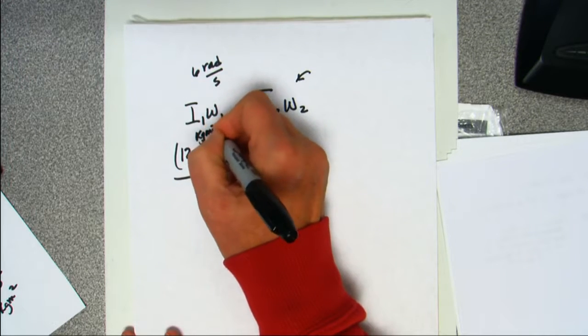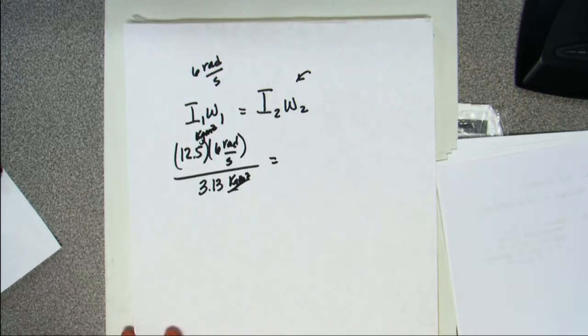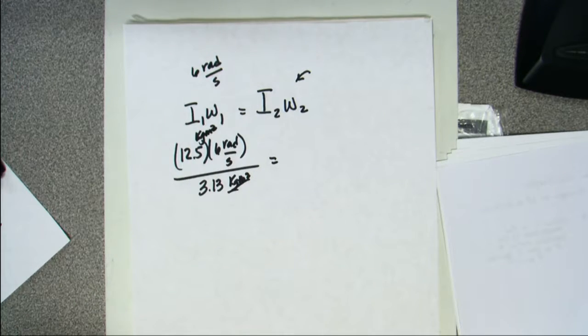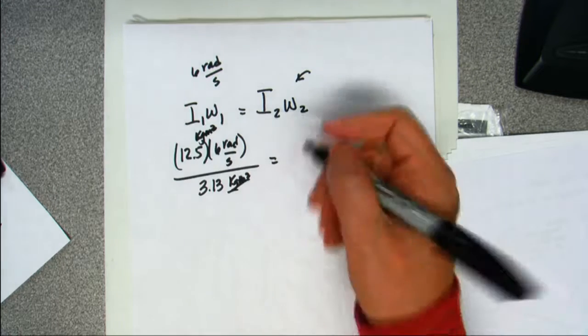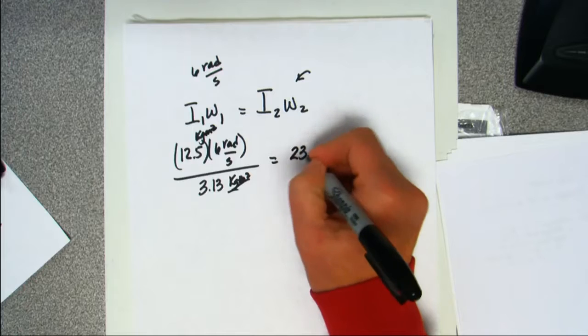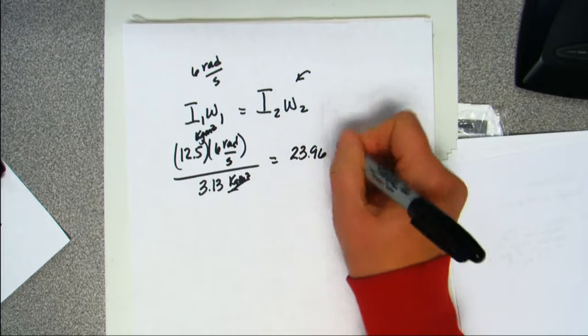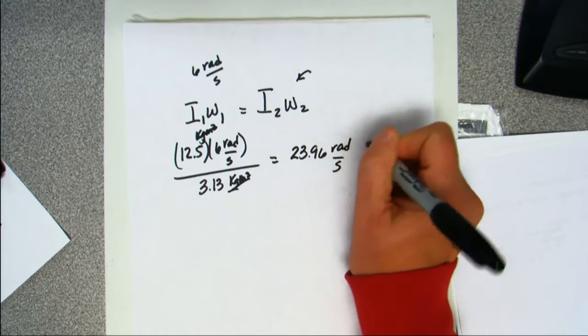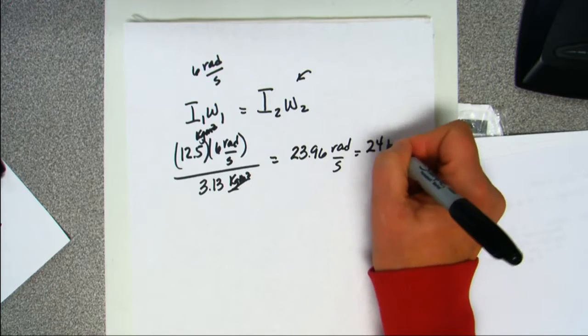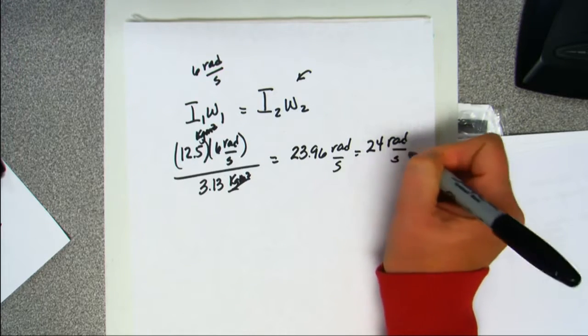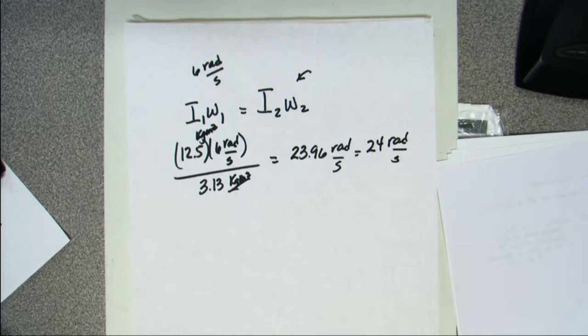Those units cancel, and using these numbers I get 23.96 radians per second, which is about 24 radians per second. So that's my conservation of angular momentum, which allows for the various spins.